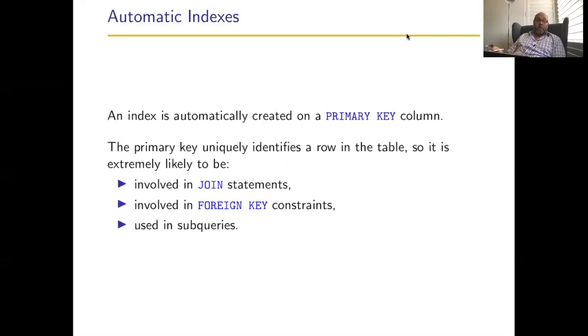It's probably going to be involved in foreign key constraints, and probably used in subqueries and so on. So the chances are that you're going to be doing a large number of lookups of a value for that particular column, in which case you should declare it to be a primary key and the index will automatically be created.